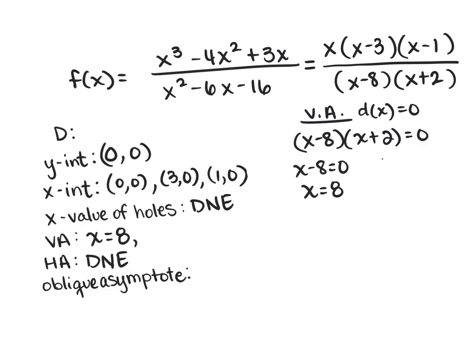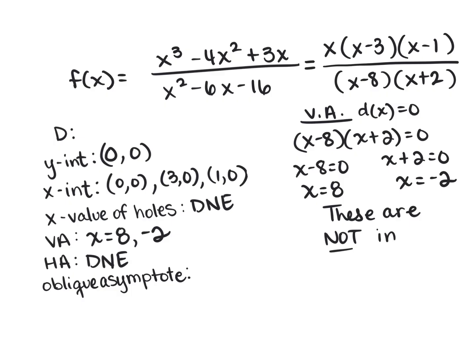And the other is x plus 2 equals 0, so x is equal to negative 2. So those would be my two. I think the x equal is already there. If it's not, you need to make sure that you put it there. All right, again, make a note to yourself. These are not included in the domain.